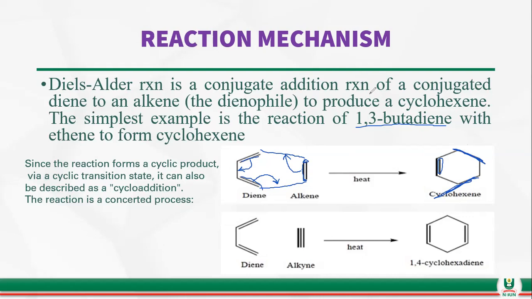So this reaction is one wherein 3 pi bonds rearrange themselves to end up producing 1 pi bond and 2 sigma bonds that end up closing up on 2 carbon atoms and the 4 carbon atoms to make 6. But the nature of your diene and dienophile is very important.